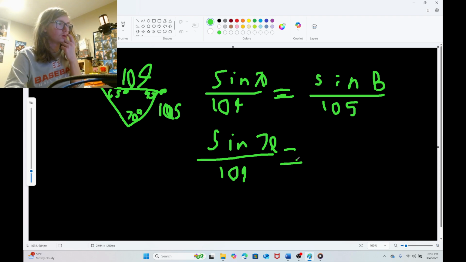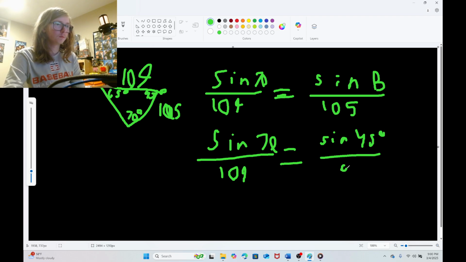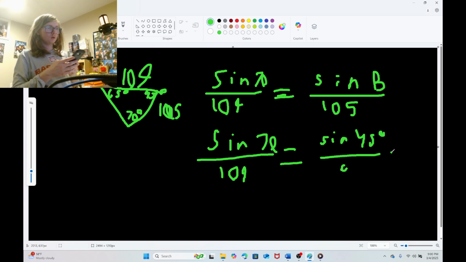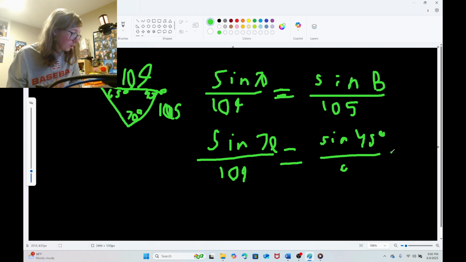Sine 70 divided by 109 equals sine 45 divided by c. What's the sine of 45 divided by sine of 70? That tells us 82.0.